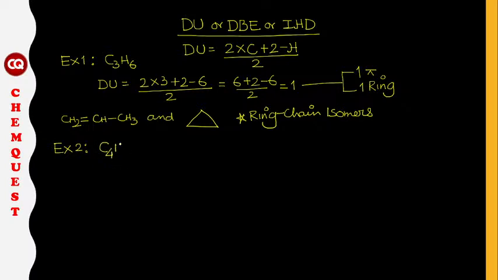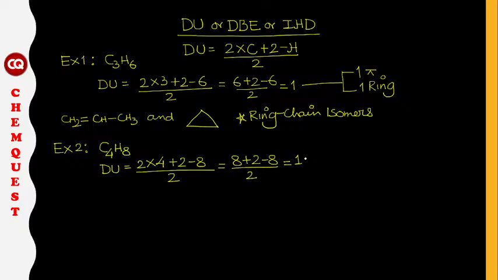What is the degree of unsaturation value? 2 into 4 plus 2 minus 8 by 2 equal to 8 plus 2 minus 8 by 2 equal to 1.